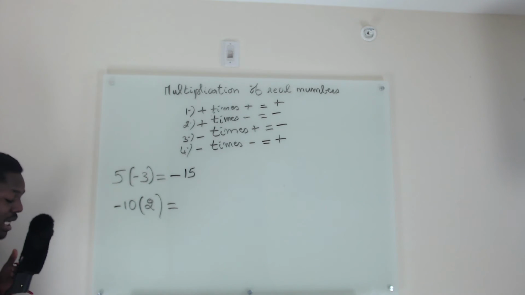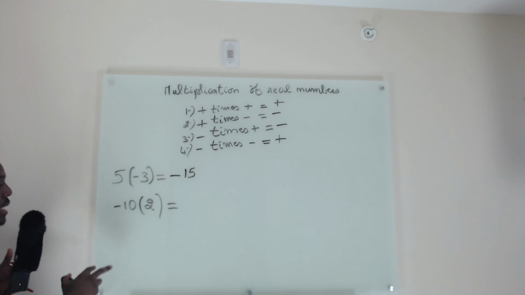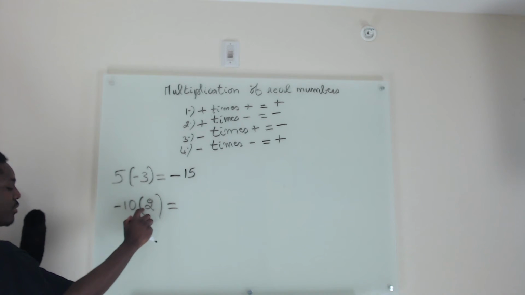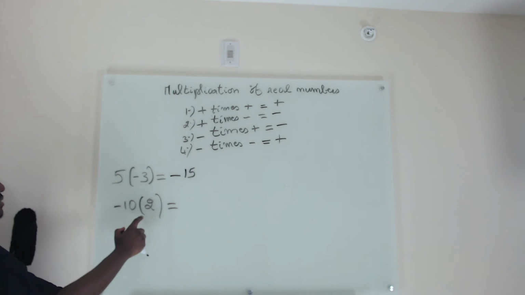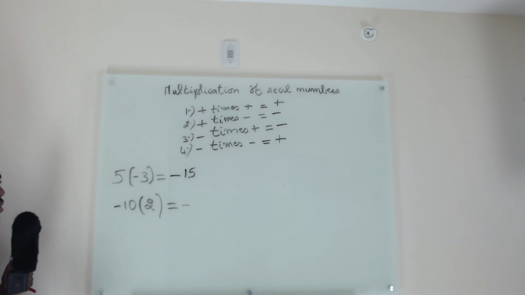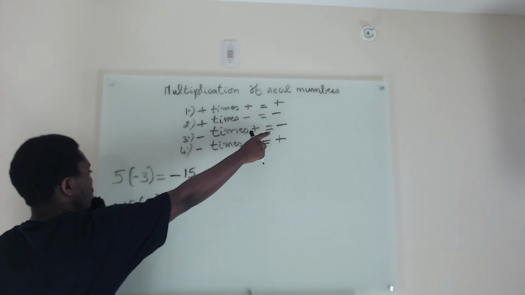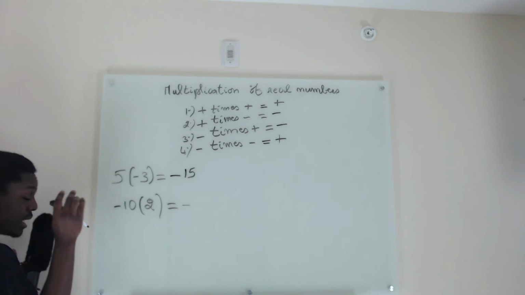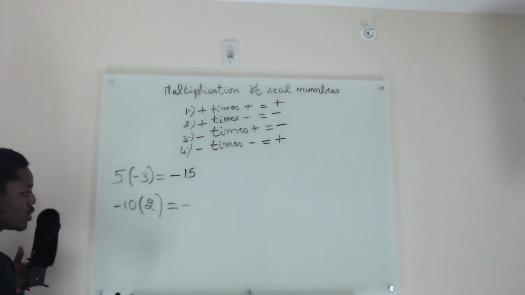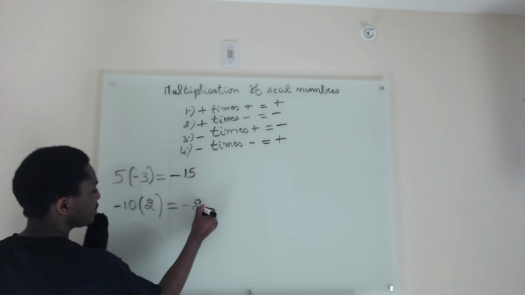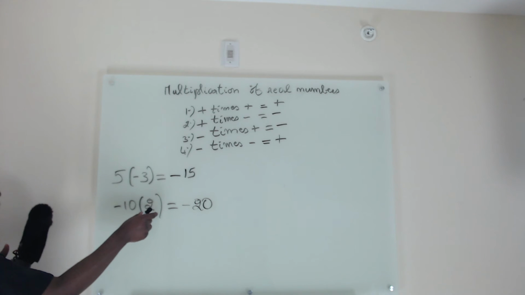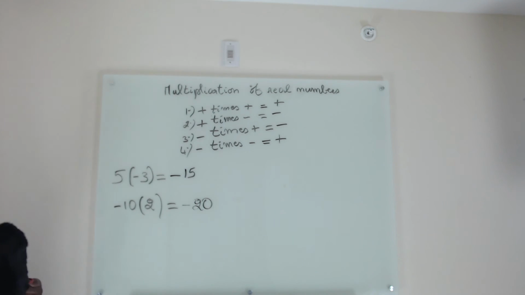So a negative times a positive is a negative. Then you forget about the signs and you multiply the numbers. So 10 times 2 is 20. So the final answer of negative 10 parentheses 2 is negative 20.